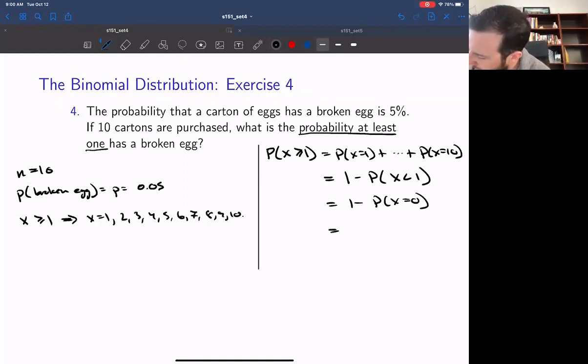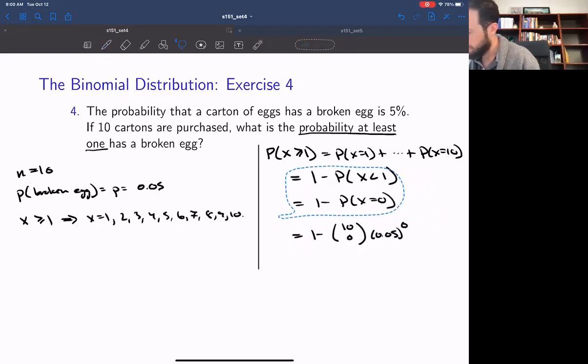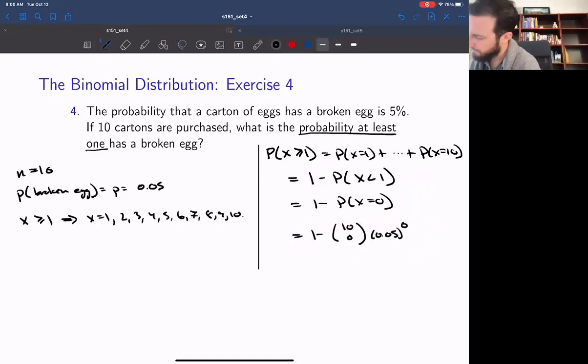So this is going to be 1 minus 10 choose 0, 0.05 to the 0. Sorry. I guess I can just do it like this. 1 minus 0.05 to the 0 times 0.95 to the 10 minus 0.